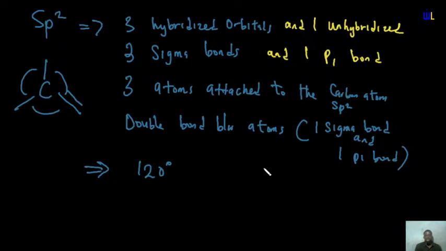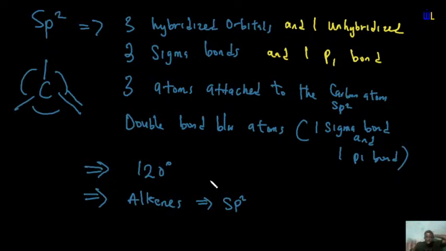A pi bond cannot stand alone, so it always attaches itself to a sigma bond between carbon atoms. The final thing I would like to say is that the hydrocarbon that actually has this hybridization is alkenes. So alkenes are popular with respect to sp2 hybridization. There has to be at least 2 carbon atoms in an alkene that has sp2 hybridization.